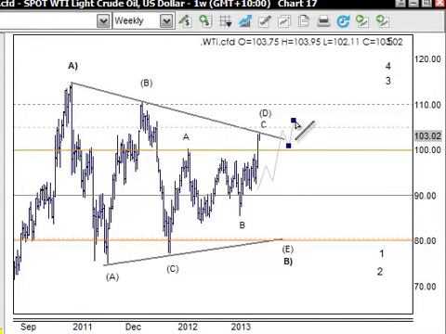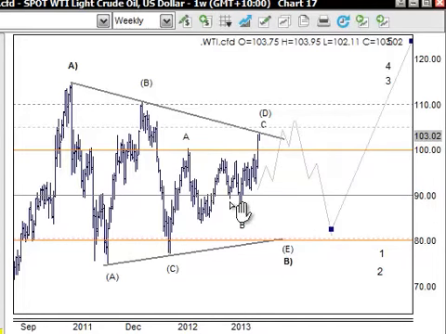Once that's complete, we should see a larger move down in 3 waves, which would be for the E wave of this correction, because triangles are in 5 waves, so the A, the B, the C, the D, and the E here, and then we'd be pushing further to the upside from that point.